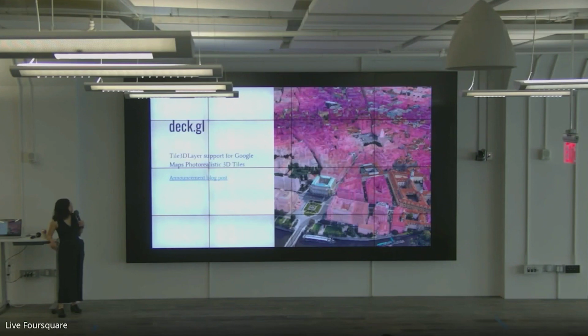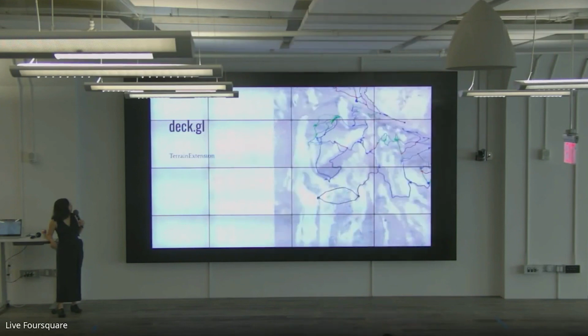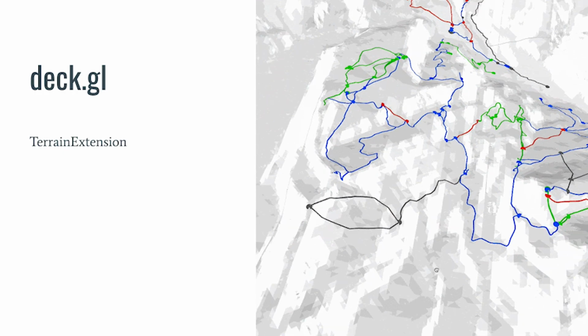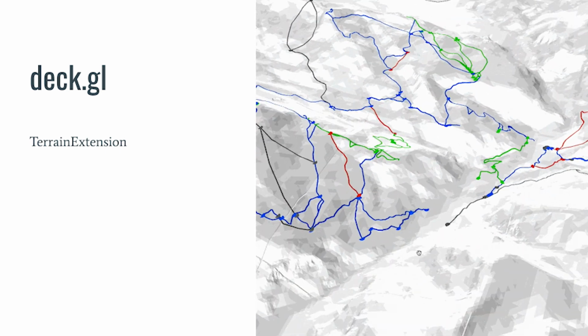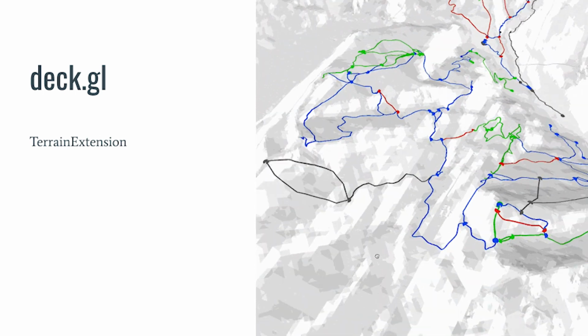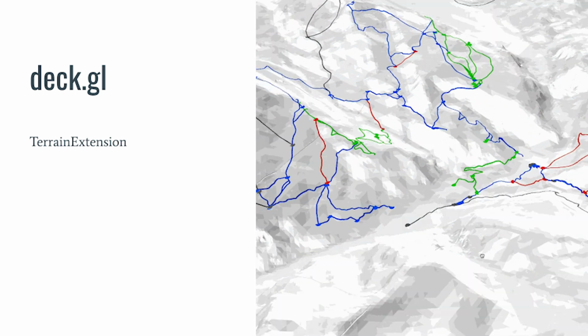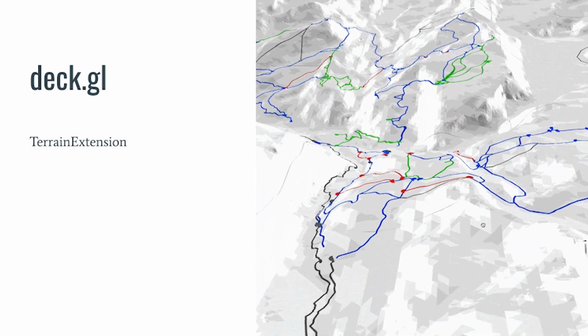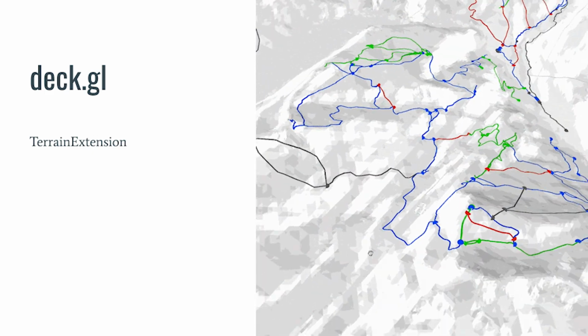Here, all the buildings are colored by their distance to the nearest tree. And to make that work, we also shipped a generic terrain extension. This allows you to render flat geospatial data on top of a terrain source. There are two modes.